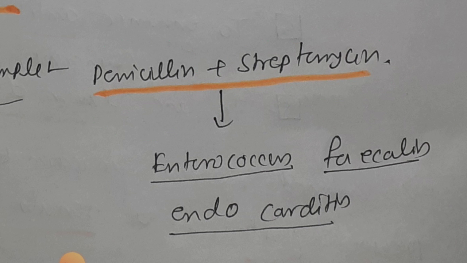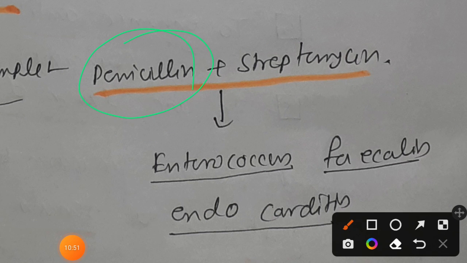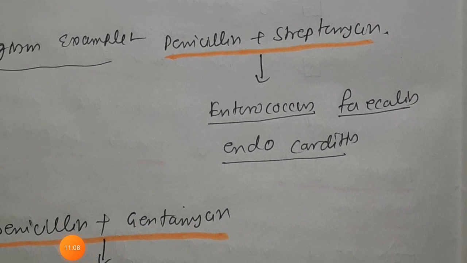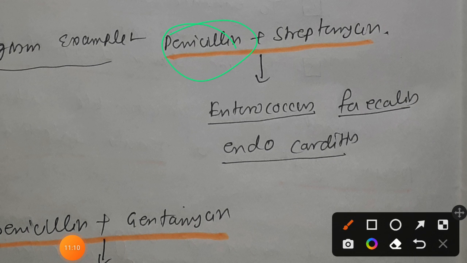Now try to think that when you are using penicillin and streptomycin in combination, penicillin will ensure the death of the cell wall and streptomycin will ensure the death of the organism by inhibiting protein synthesis. Okay, so as a result, the activity will be higher than when we use penicillin or streptomycin separately.